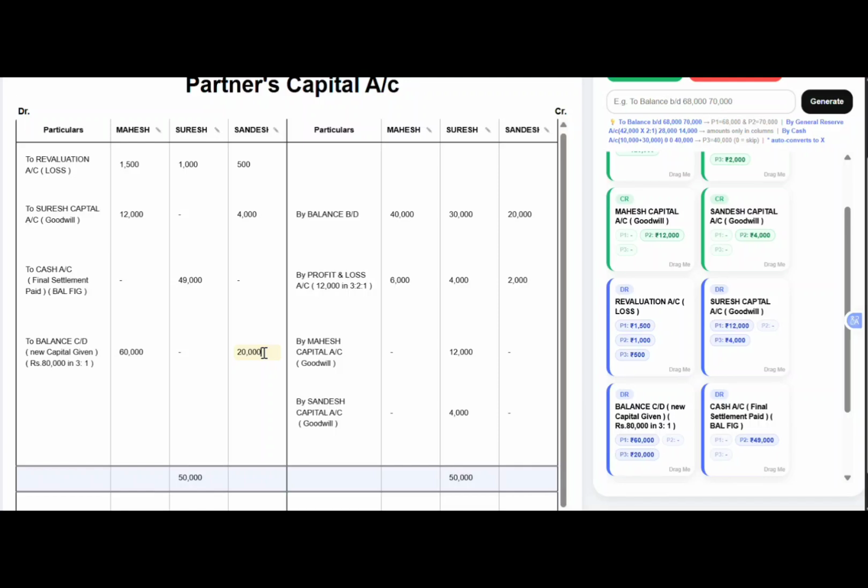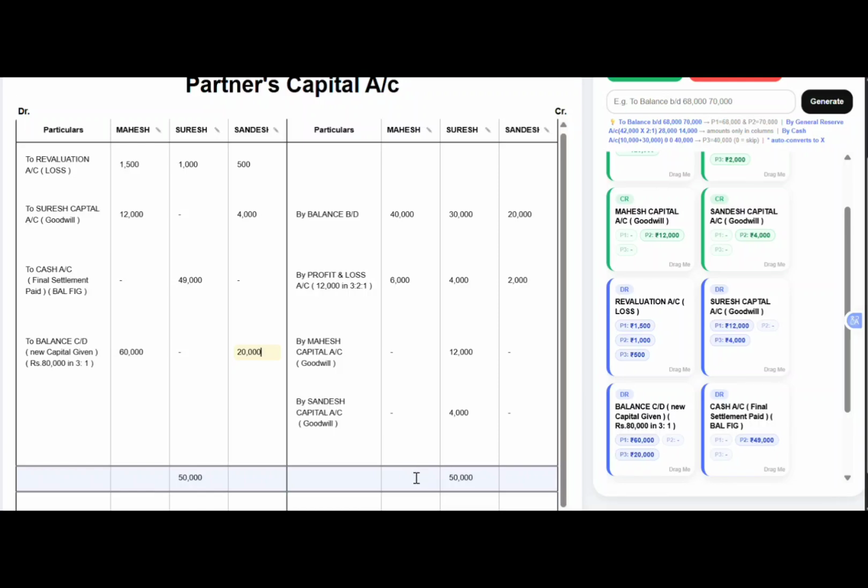Now we are going to balance the capital account. Any difference that we get in the partners' capital account should be adjusted through cash account. So that is what is being given in the adjustment. So now one by one we are going to balance the continuing partners. Now take Mahesh's capital account.